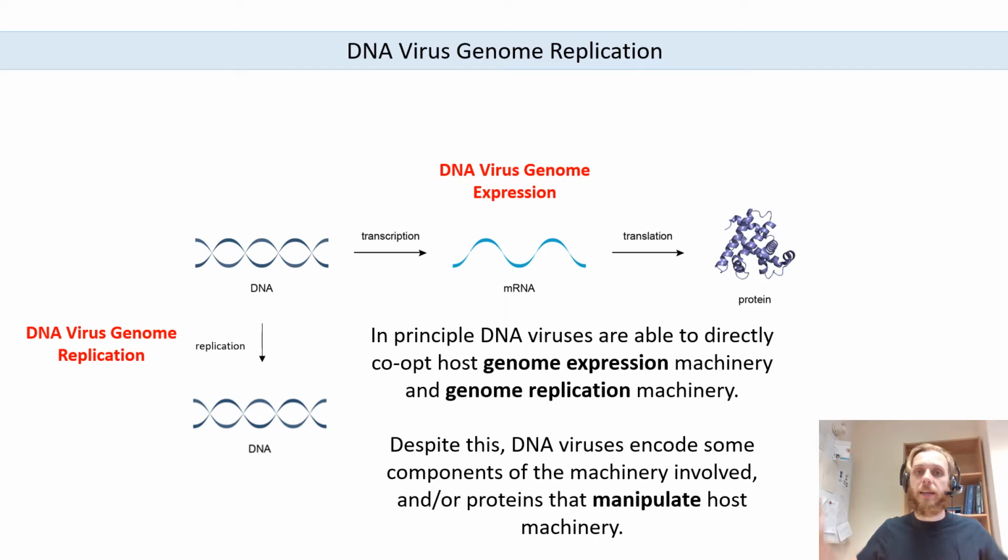You're going from DNA to DNA. However, in reality, that's not the case. We see differences amongst the DNA viruses. And again, some DNA viruses will use a large number of the host cell enzymes. However, others will mostly encode their own enzymes to be involved in genome replication.